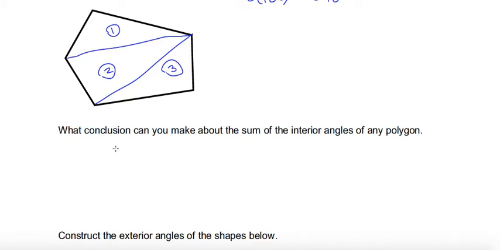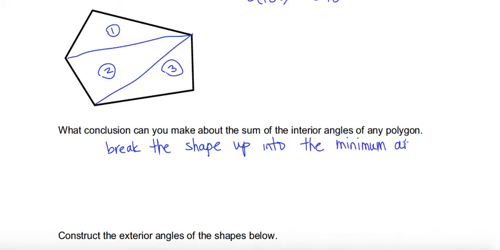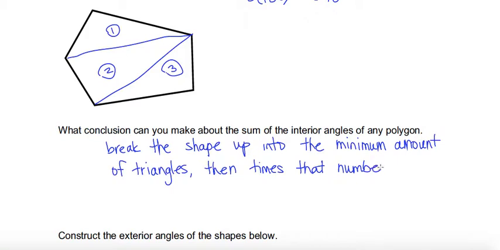So what conclusion can you make about the sum of the interior angles of any polygon? So you can break this shape up into the minimum amount of triangles, then times that number by 180 degrees, because we know that the angles inside of a triangle equal 180 degrees.